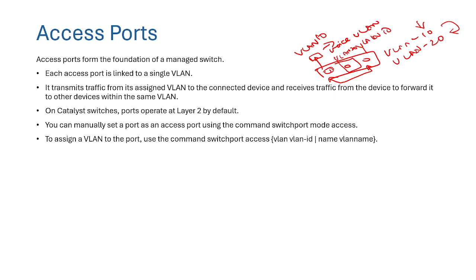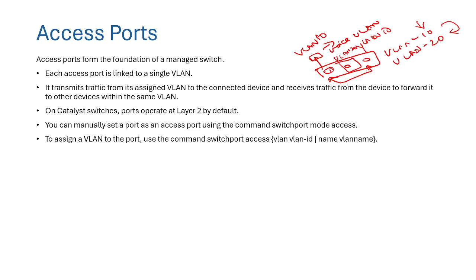Next, on a Cisco switch, ports operate at layer 2 by default. You can manually set the port as an access port using the command switchport mode access. By default, all ports are mapped into VLAN 1.